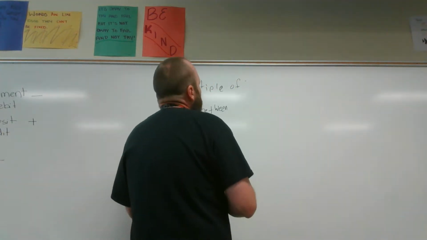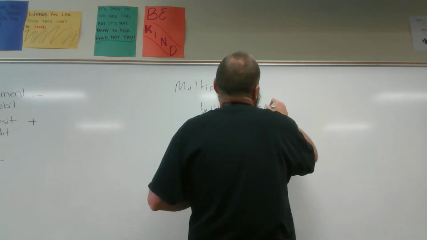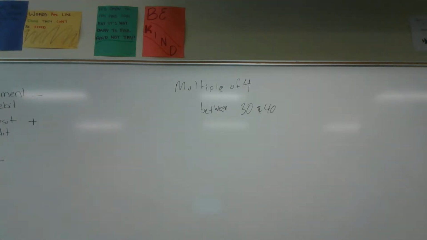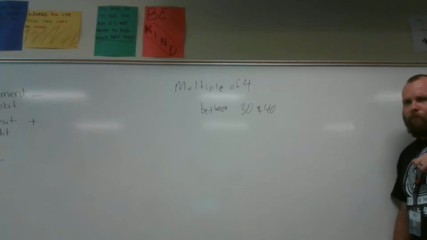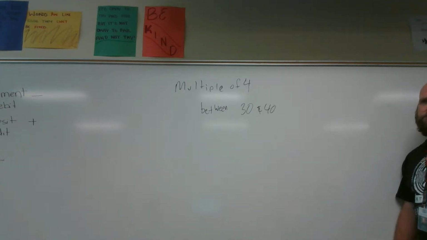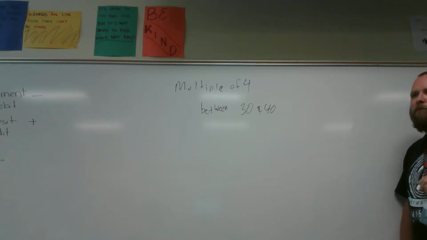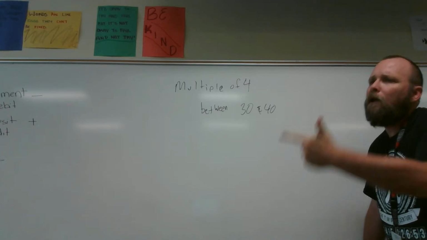All right, a multiple of 4 between 30 and 40. Jake, a multiple of 4 between 30 and 40 would be what, Jake? 6 is not a multiple of 4. 1 is not a multiple of 4. Did you watch as we did the last problem? 2 is not a multiple of 4. Between 30 and 40. 8.